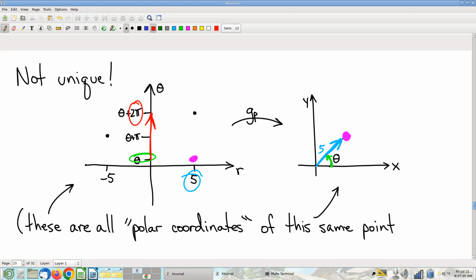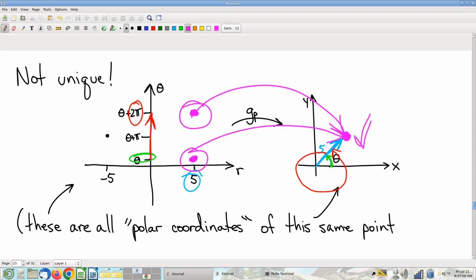Well, 2 pi just means go a full turn. And if you do a full turn, you're still pointing in the same direction. So we still get the same point. So this totally different polar coordinate still gives the exact same point in rectangular coordinates. This is what we mean by a lack of uniqueness. This is one version of the lack of uniqueness. Is everybody on board with that?